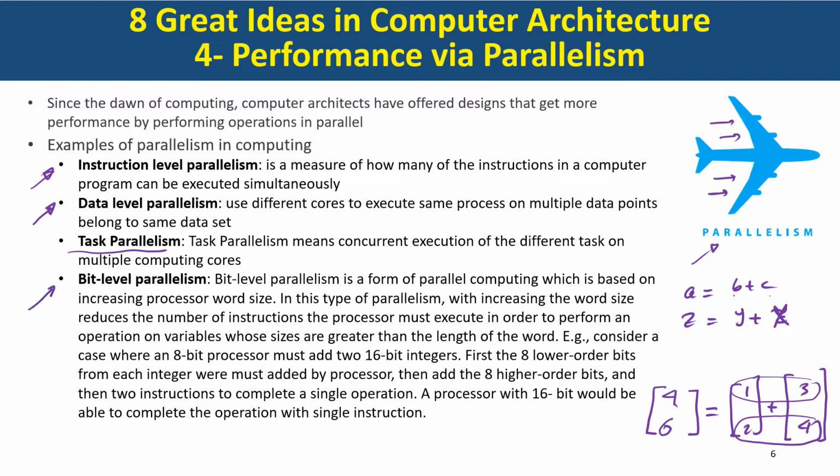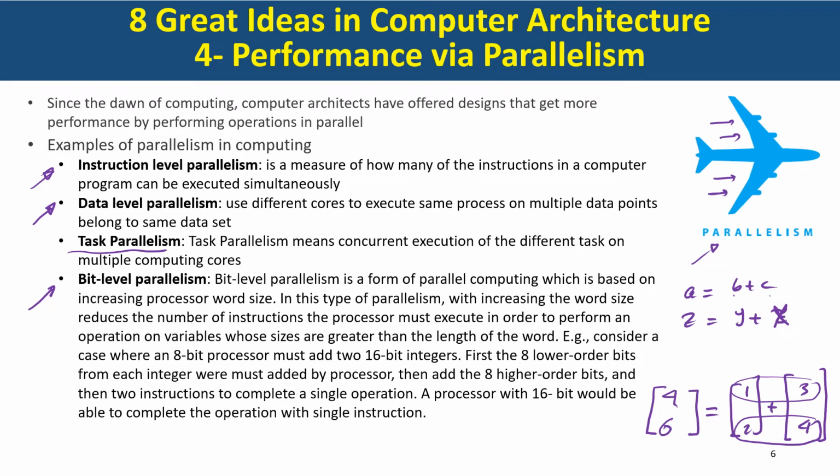Another example, maybe not so obvious, is what's called bit level parallelism. So we hear that there are computers with 32-bit processors and other computers, most of them now, with 64-bit processors, but we still see 32-bit processors. Okay, and here we increase the data width or the bit width of the processor itself from, for example, 32 to 64.